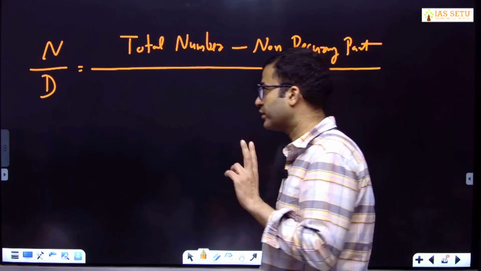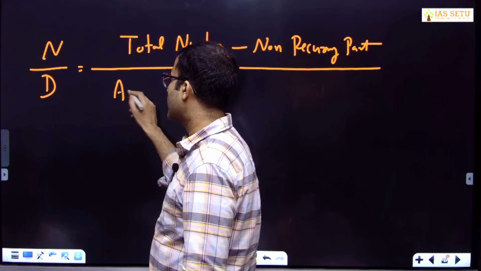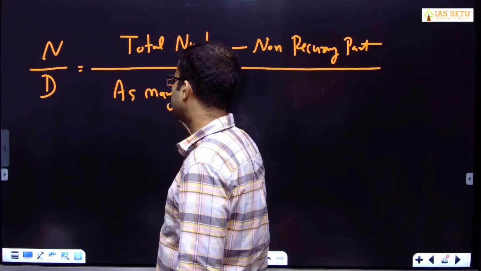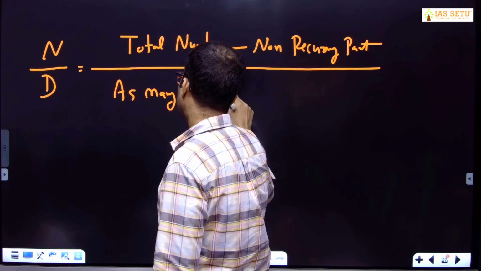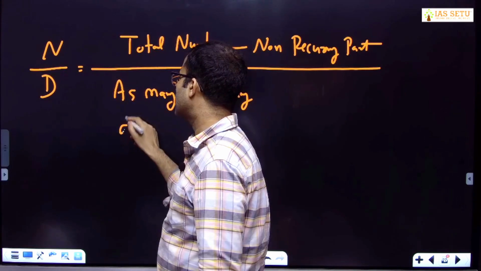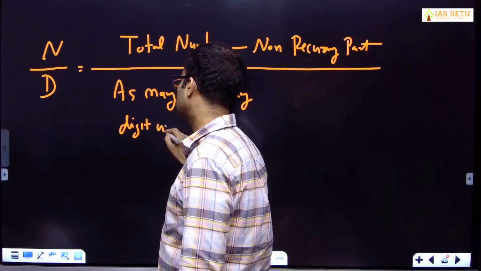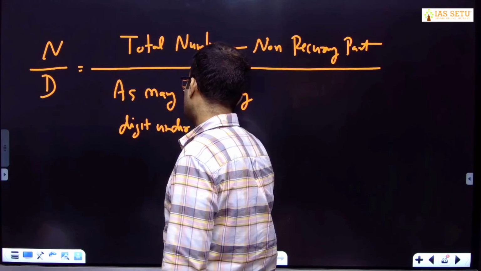Denominator में there are two things. First is as many 9s as many digits under the bar.